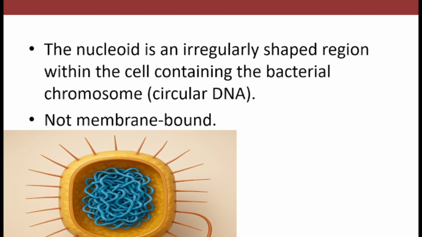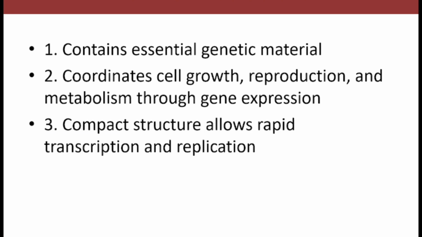Unlike the eukaryotic cell, a prokaryotic cell, like a typical bacterial cell, has no nucleus. So what we have is a nucleus-like region. That is why they call it nucleoid, and it is not membrane bounded. So you need to know that.